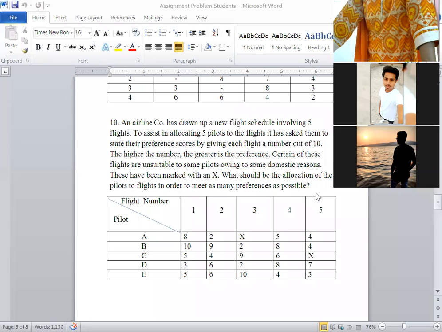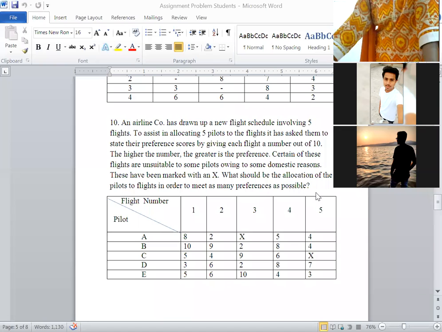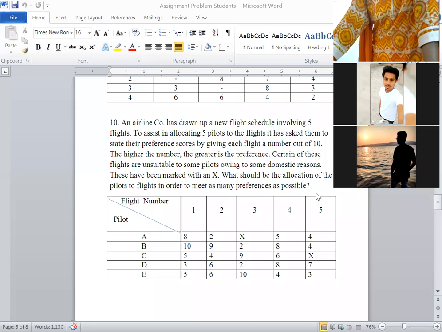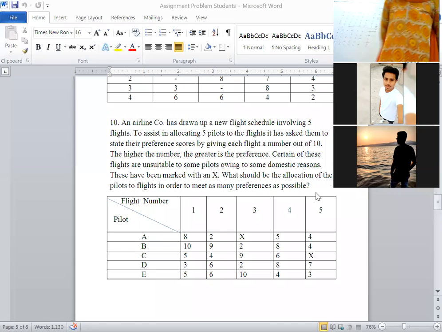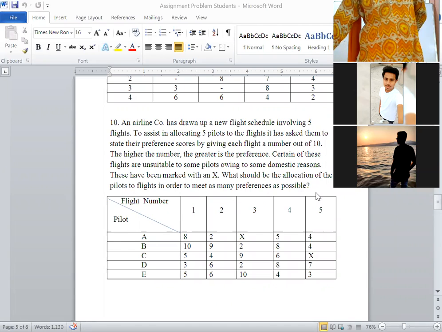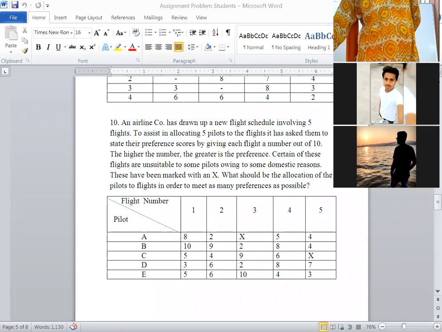In row operation, we have to see the lowest number. Very good. And then we have to deduct that number from other numbers in that row. In that particular row. That is important. Yes, ma'am. Very good. Similarly, we have to perform the column operation. Next.